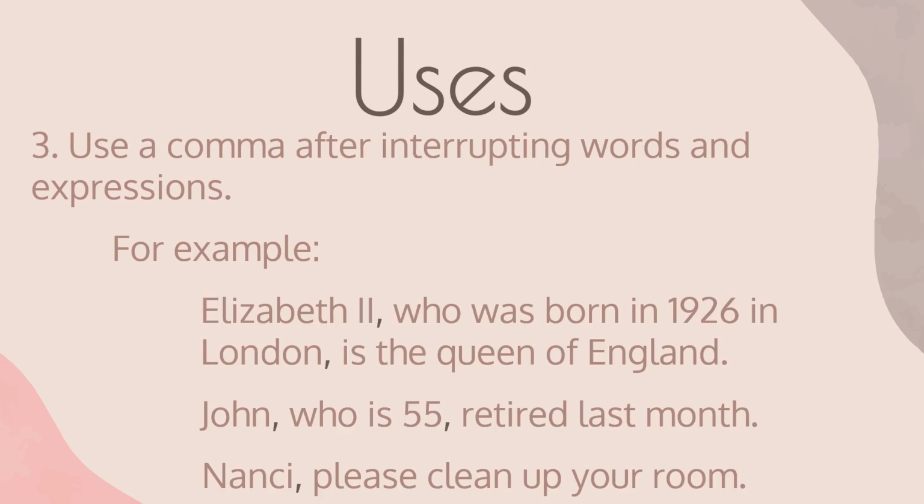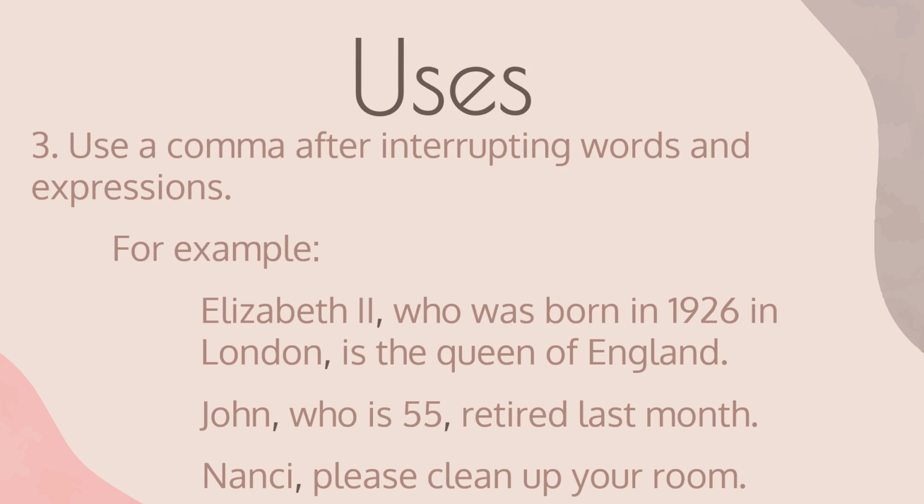You can use a comma after interrupting words and expressions. For example, Elizabeth II, who was born in 1926 in London, is the Queen of England. Here, the comma is used to interrupt the sentence to add additional information in between.